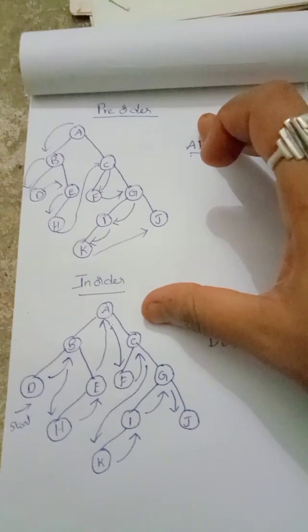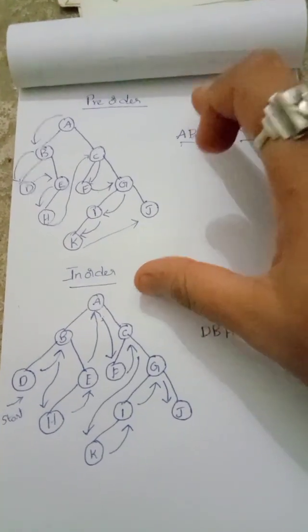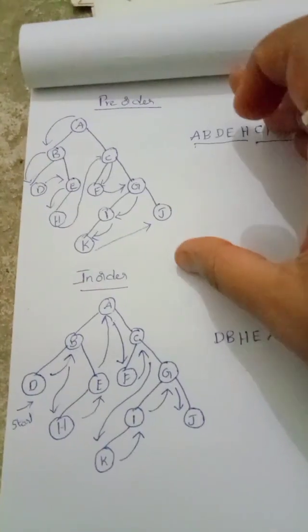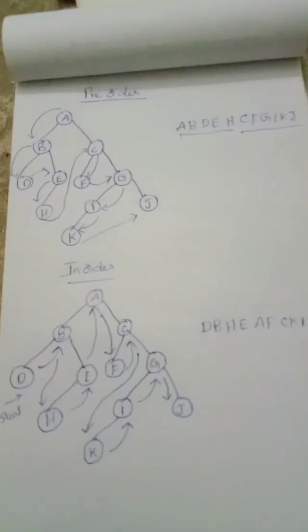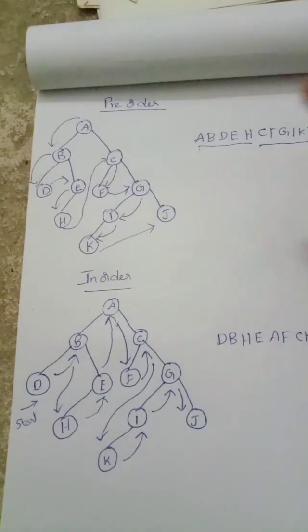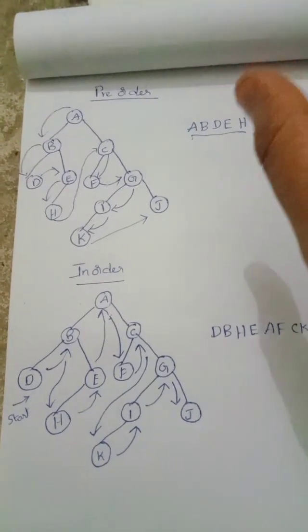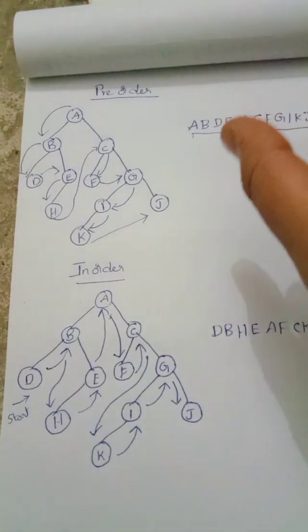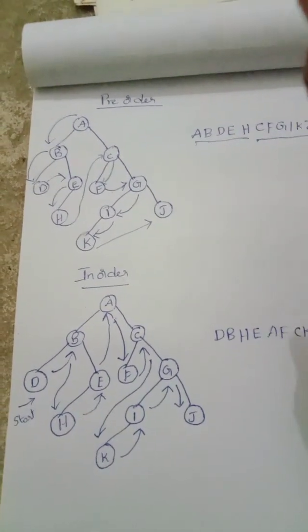Traversing of a binary tree means crossing it so that each node is visited exactly once. A binary tree can be traversed in a number of ways. They differ primarily in the order in which they visit the nodes.